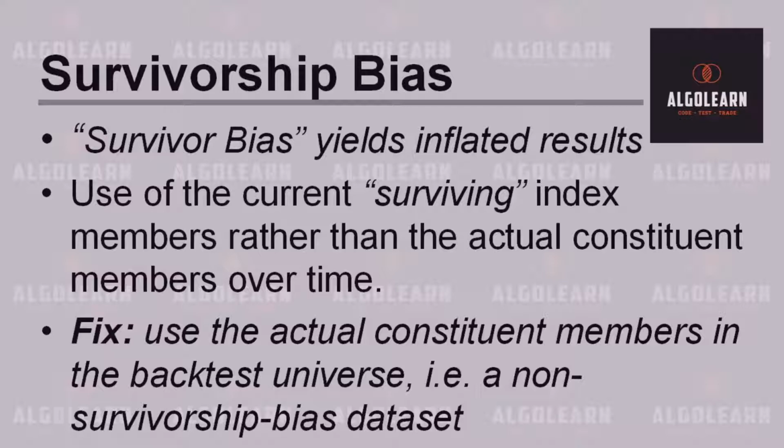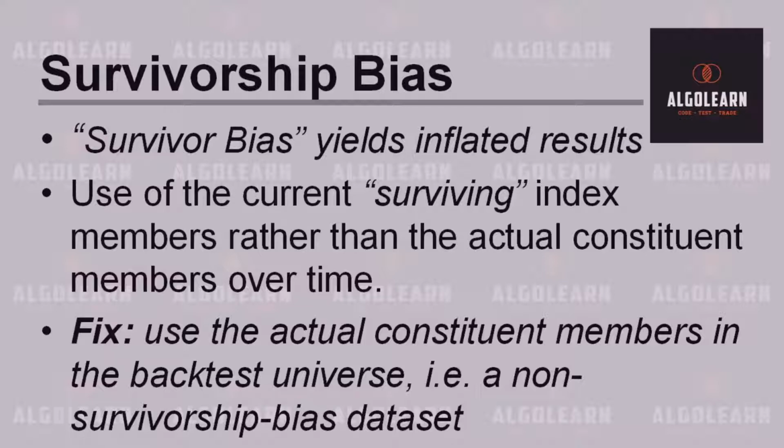Maybe it was market cap, the list goes on. But the fact of the matter is when I use the current index and start to backtest with those current members back in, say, 2008, 2009, I'm really missing the boat, because I'm using survivors. I'm only using the 270 some odd stocks that survived.